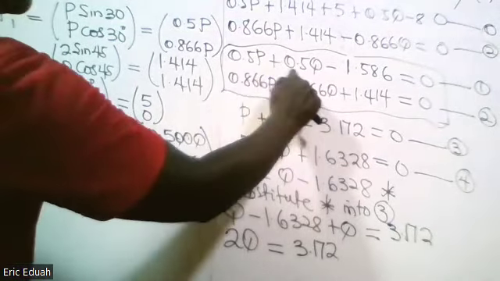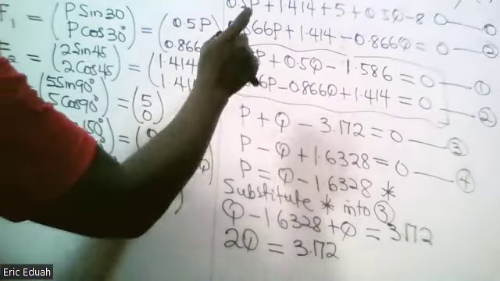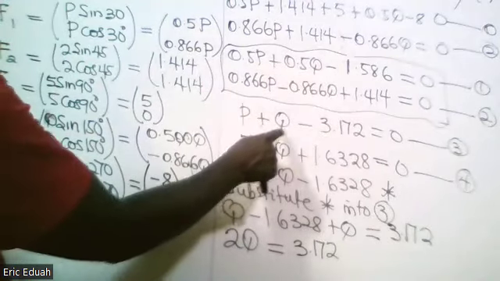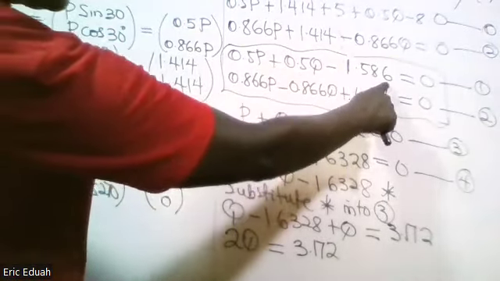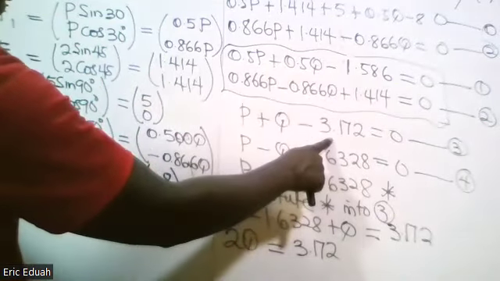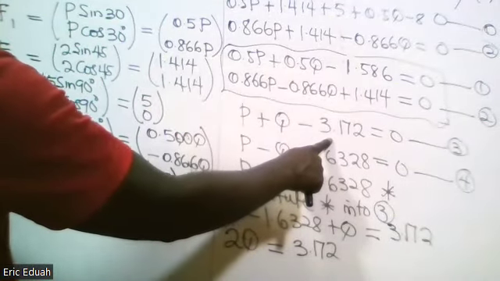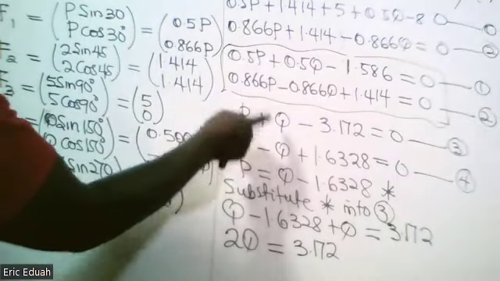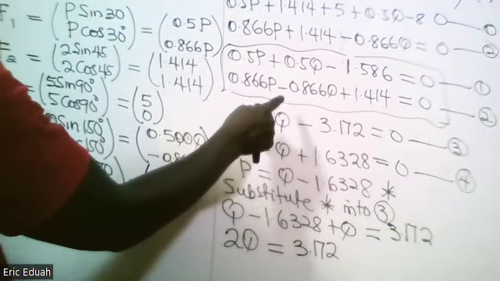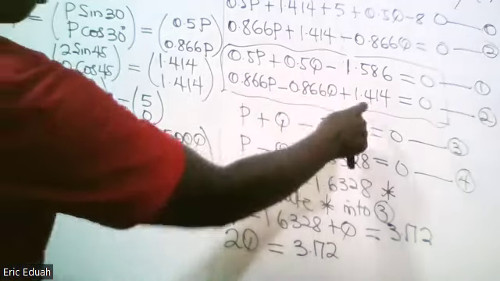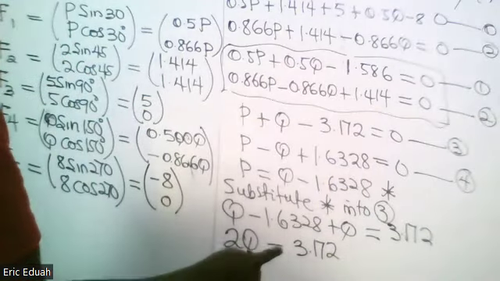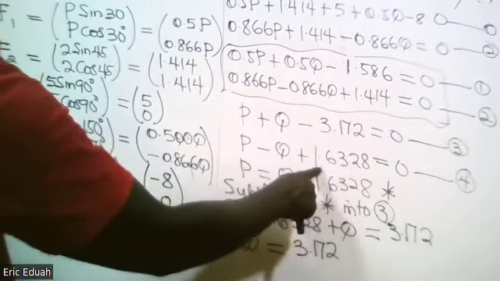So I divided through by 0.5. So 0.5, 0.5, 0.5. So I have P plus Q. When you divide 1.586 by 0.5, this is the result. And that gives me equation 3. Are you okay? Thank you. Equation 2, I equally divided through by 0.866. So P minus Q. Then when you divide 1.414 by 0.866, this is the result.